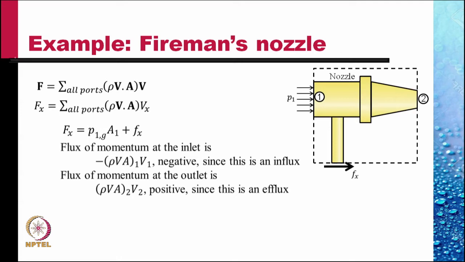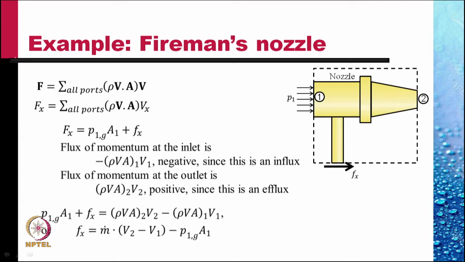The other efflux is at the outlet. The efflux of momentum at the outlet is rho VA at 2 times V2. And this is positive since the mass is coming out, so it is positive, and the velocity is in the positive direction.